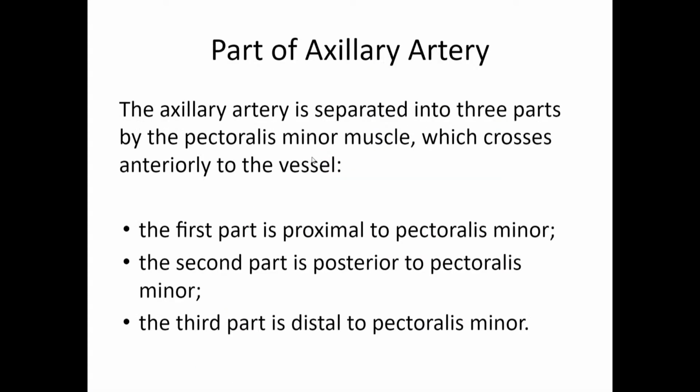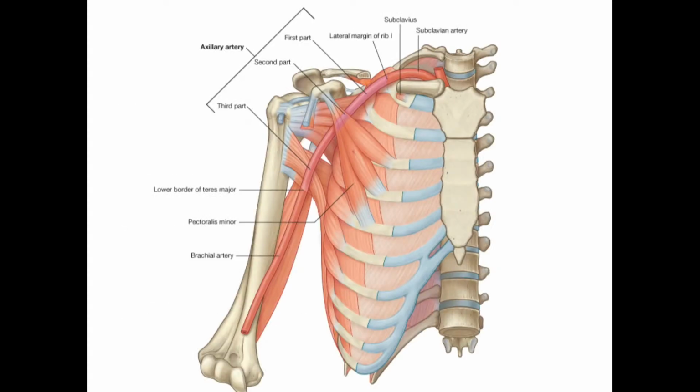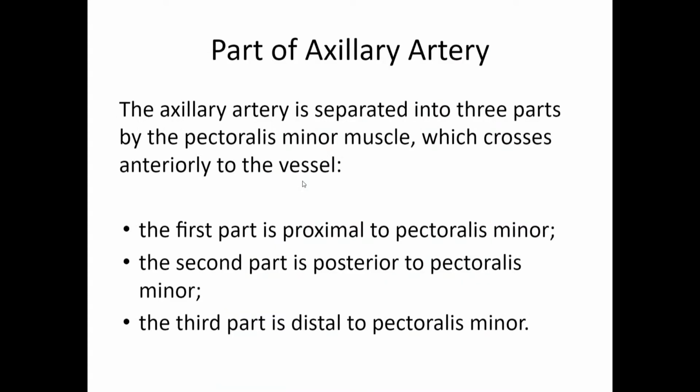The first part is proximal to the pectoralis minor. The second part is posterior to the pectoralis minor. As you see, the muscle is above it. And the third part is distal to the pectoralis minor.